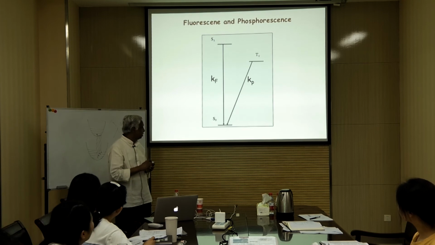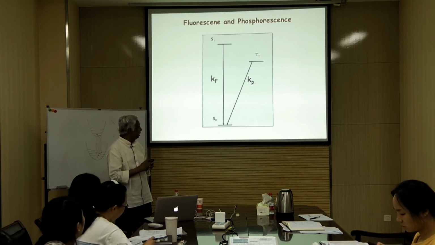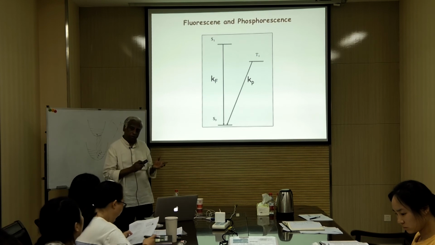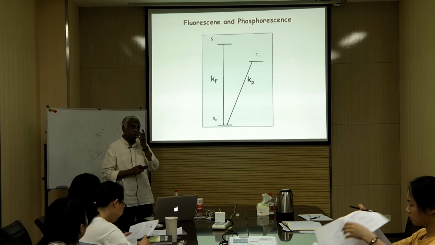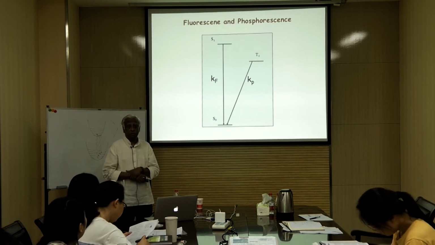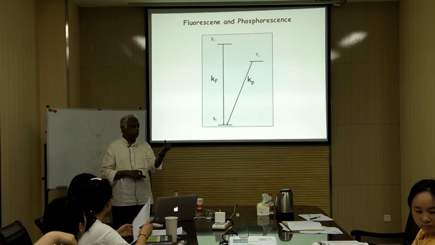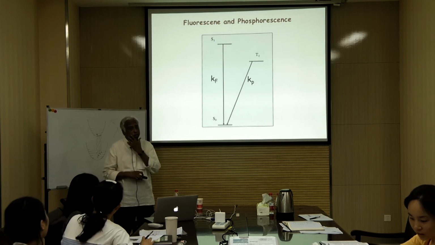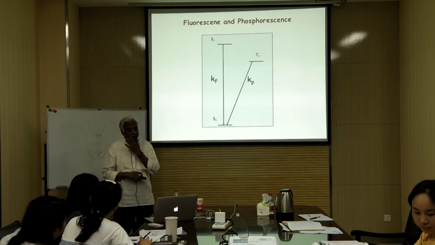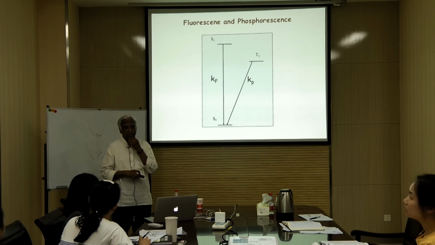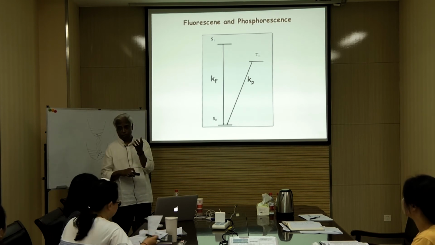That is, this one has the spin of the electrons singlet, and the spin of the electrons here is triplet. You know, in the morning I talked about some selection rules for absorption. Absorption depends upon the electrons, the symmetry and the overlap, and then it depends upon the vibration. The third, it depends upon the spin.